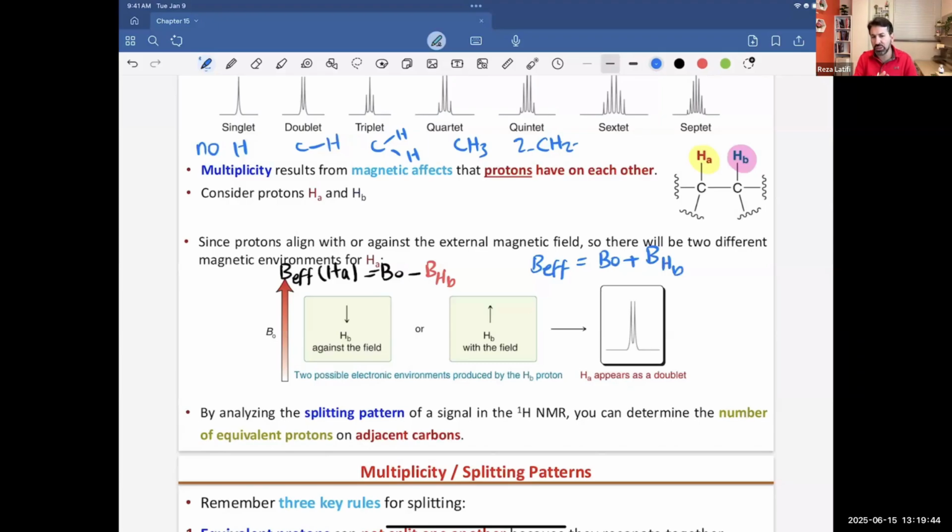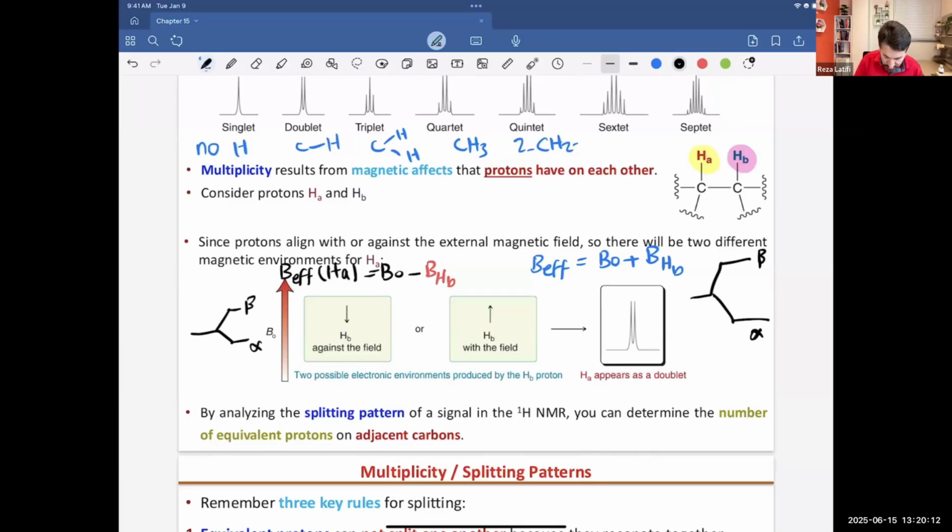So this time, because it's aligned with it, the magnetic field will be bigger. What does it mean? It means the gap between alpha and beta in this case is going to be bigger versus the first one, which gave us a smaller gap between the two states, alpha and beta. And that's the reason we get 2 peaks.